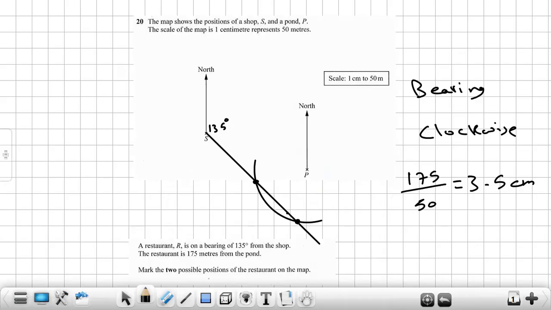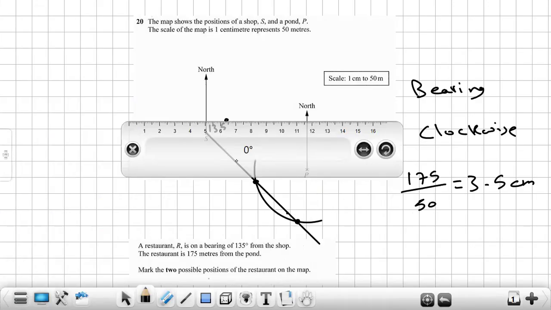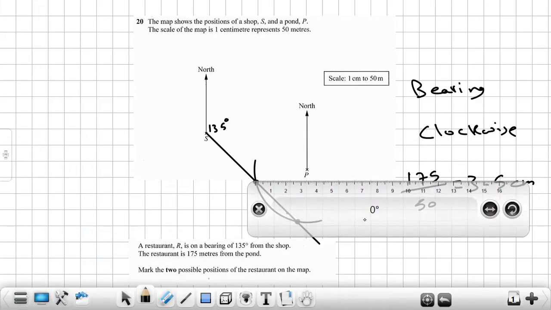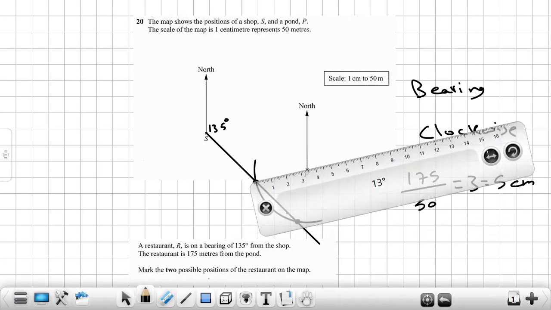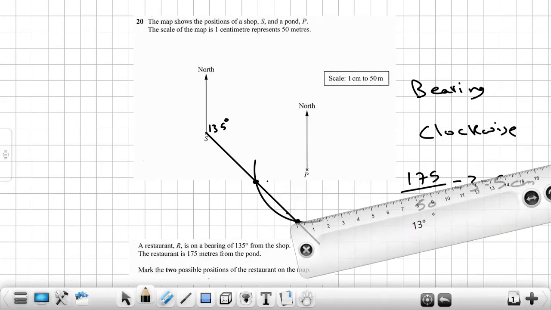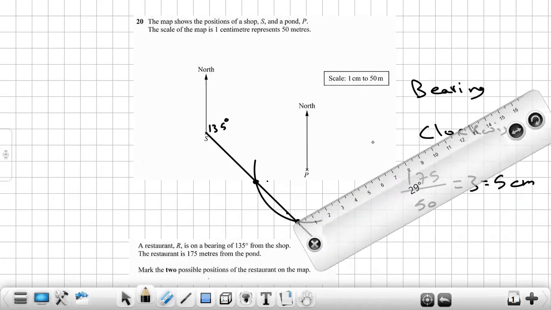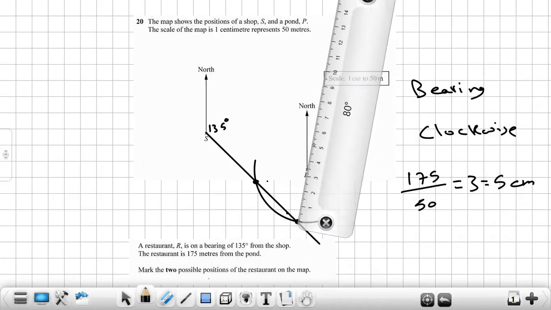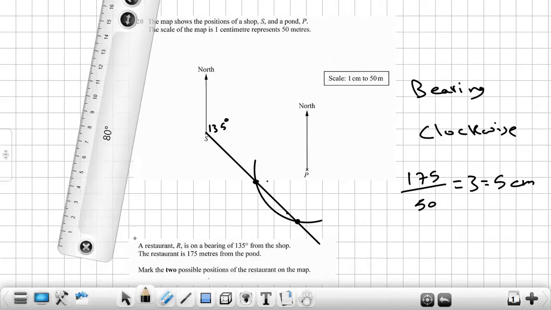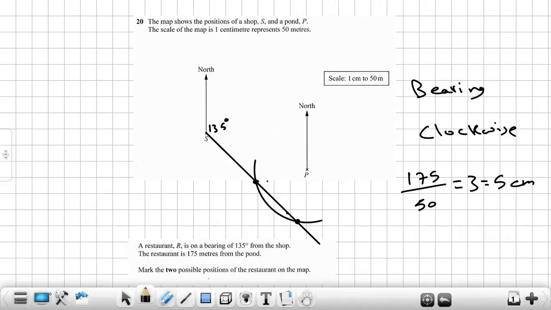You're going to find out that both of them are exactly 3.5 centimeters away from, look at this, 3.5, and even the other one over here, you're going to find also from the pond, they are both 3.5 centimeters away. All right, next question.